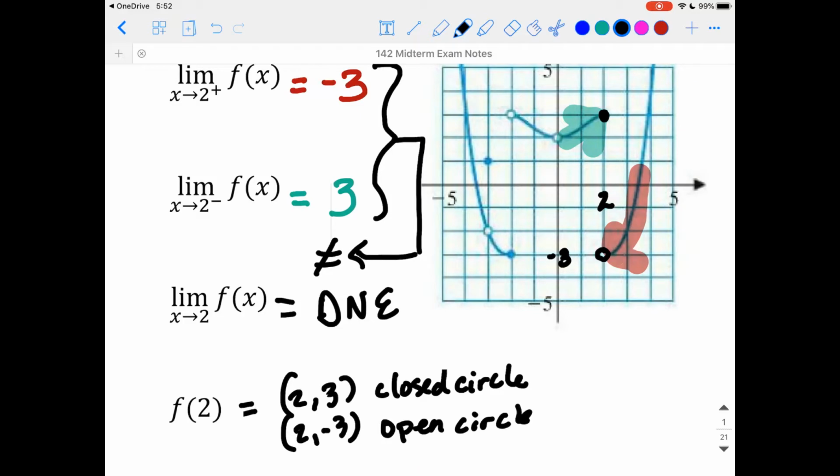So there's only one answer. Closed circles win. So the answer for f of 2 is again asking you the y value at x equal to 2. And since we have a closed circle, the answer is going to be 3.